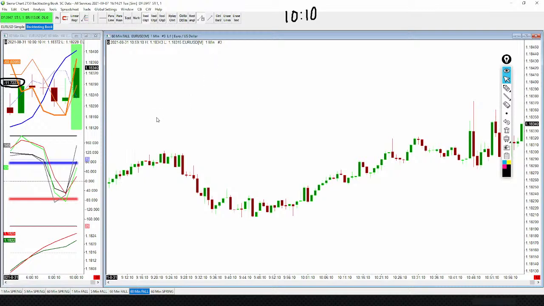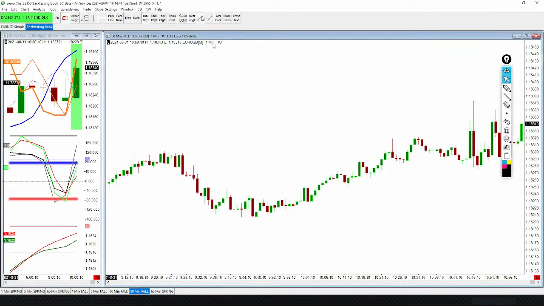So that's what gave me some pause, was that the thin orange can be at a different value, a lower value or a higher value, and still be above or below the thick orange. That led me to be skeptical as to whether there was any validity in that thin orange.